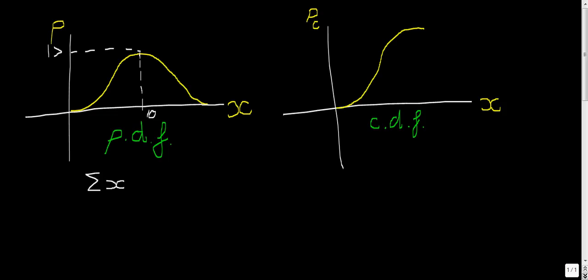Sorry, this should be the sum of p, the sum of probabilities for all x between 0 and infinity, should equal 1.